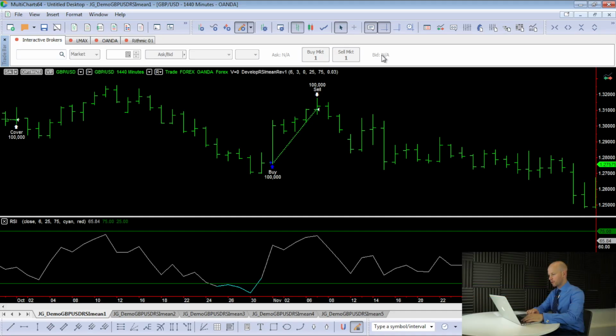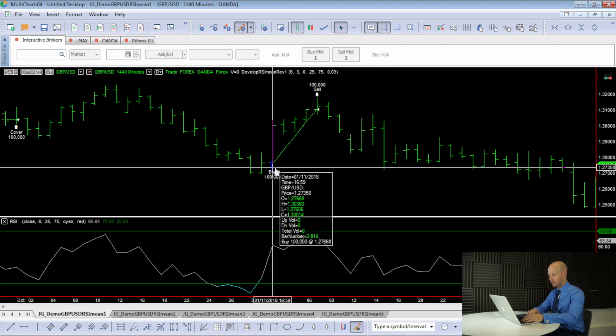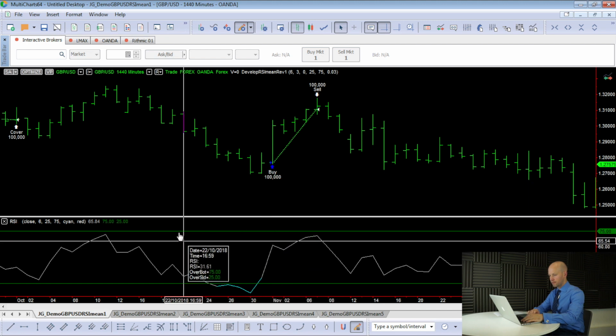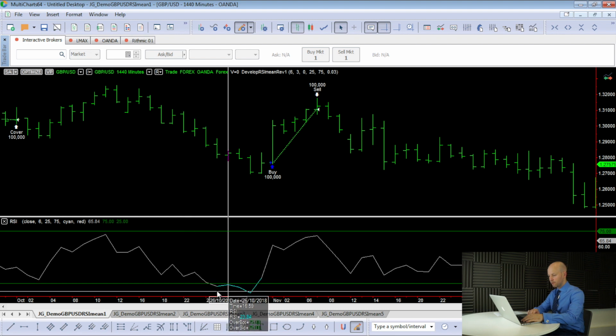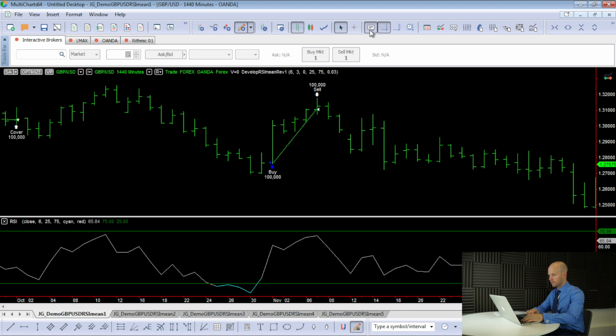Firstly, let's have a look at a trade on the chart. We're going to look at this buy, or long, trade here. We've got an RSI indicator down the bottom here, and what we need to see is the RSI level cross above 25. That means it has to come below 25, which it has done. Just to show you down here, this green line is the 25 level.